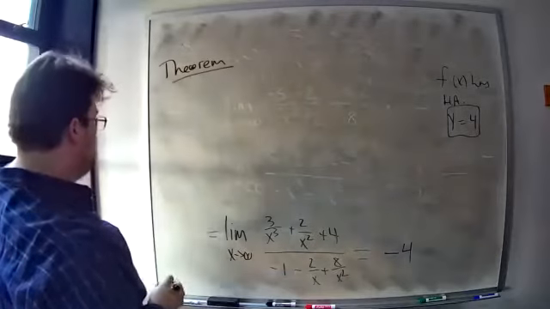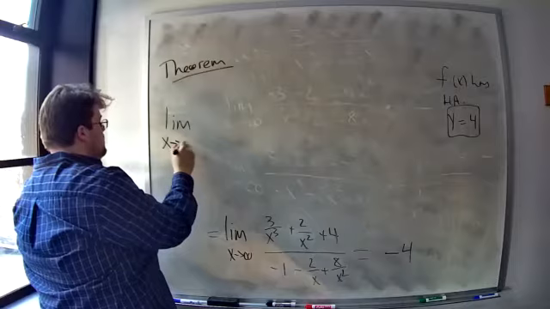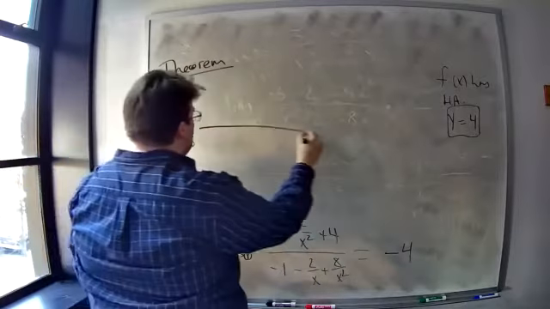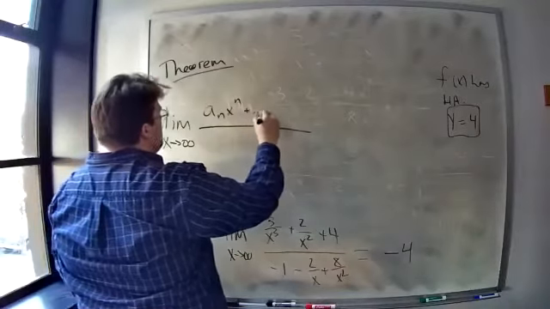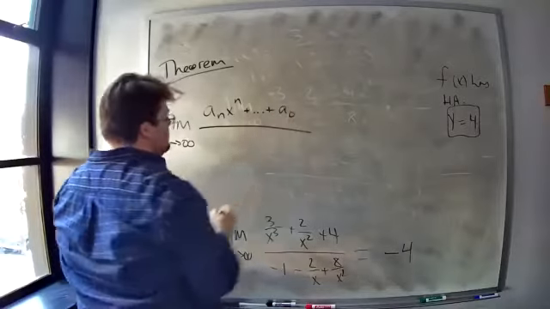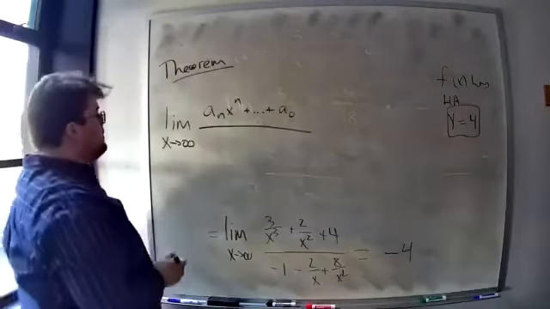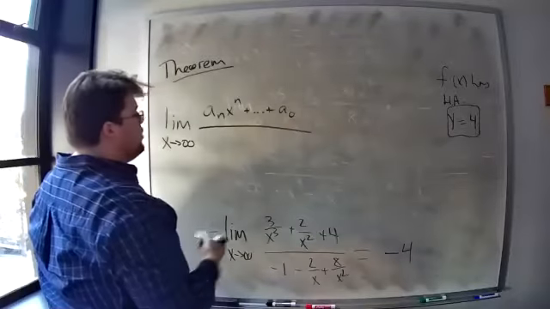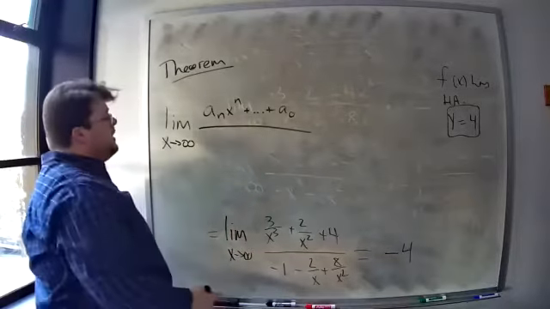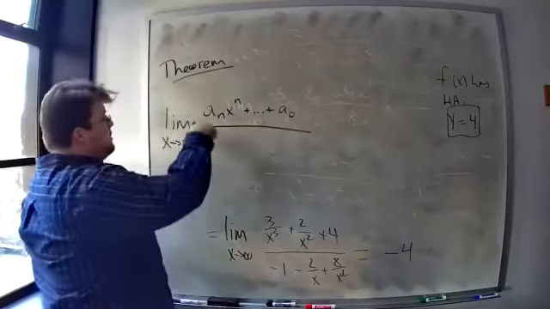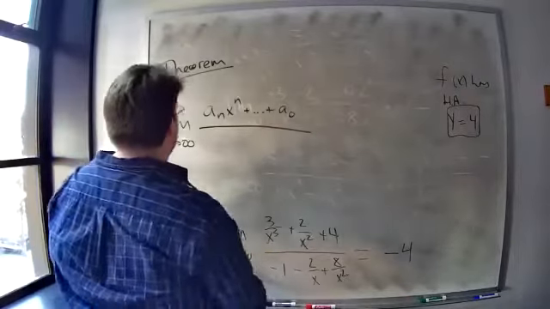Theorem. Limit as x goes to infinity. So right here in week one, we talked a little bit about general polynomials and the form they take. They take the form number times x to the n plus number times x to the n minus 1, all the way down to the constant.